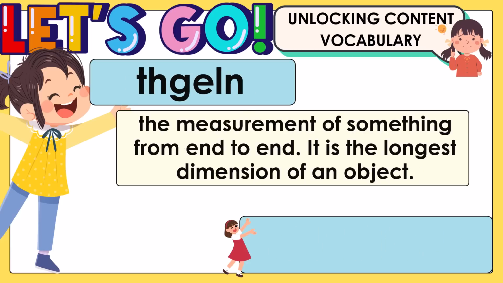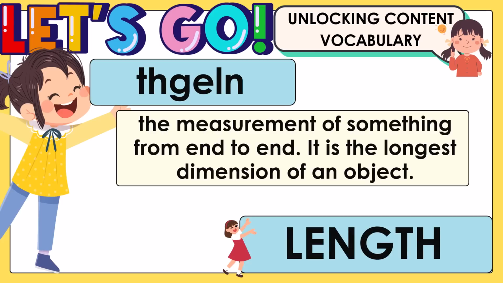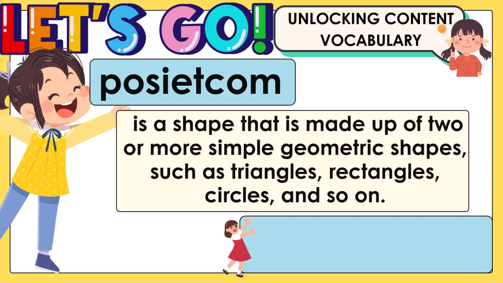Third, the measurement of something from end to end. It is the longest dimension of an object. The answer is length. Fourth is a shape that is made up of two or more simple geometric shapes, such as triangles, rectangles, circles, and so on.